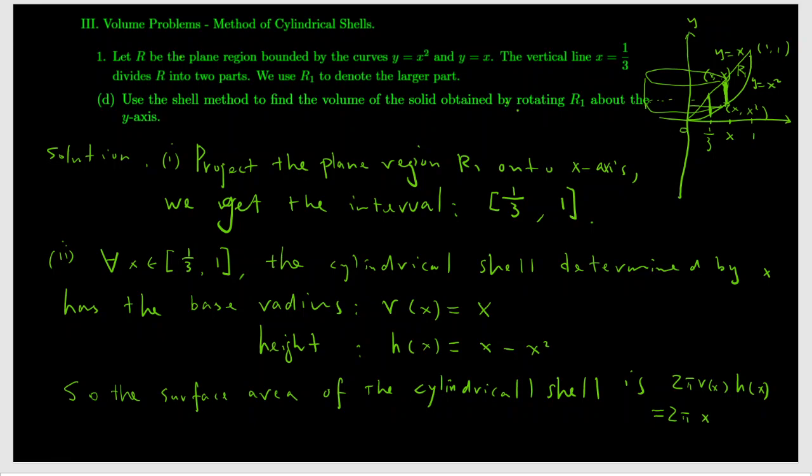I'm just plugging in the functions. You have r of x is x, h of x is x minus x squared. So we got the surface area of the cylinder determined by each x. The argument is true for any x in between 1/3 and 1. Okay.